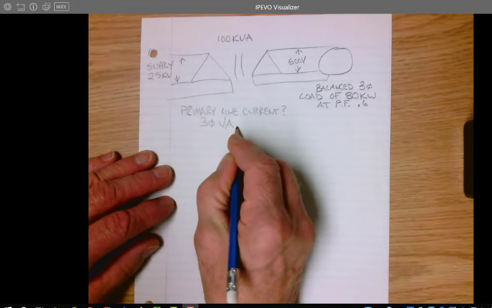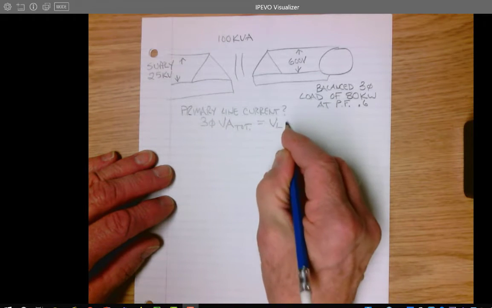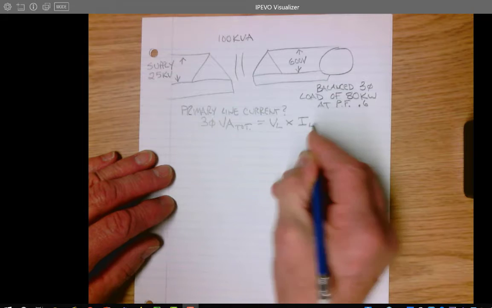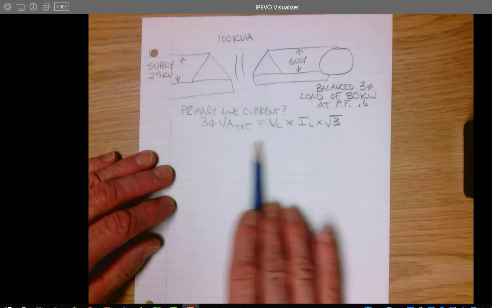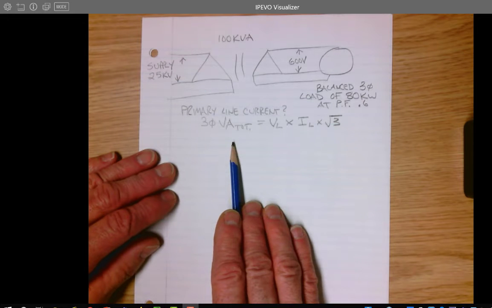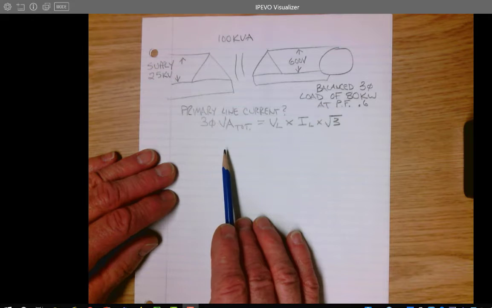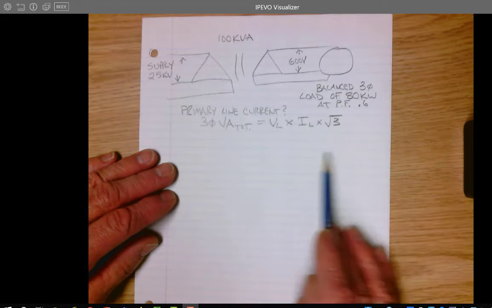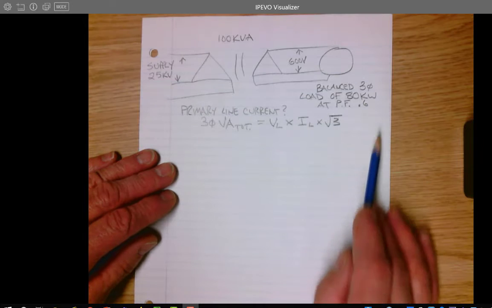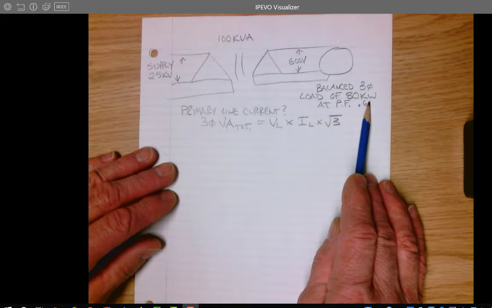Three-phase VA total equals V line times I line times root 3. So that's the easiest formula to remember for power formulas. This load is in kilowatts, and that formula for watts total is just V line times I line times root 3 times cosine theta. So I could use that formula, but it's pretty easy to change this load into kVA as well.